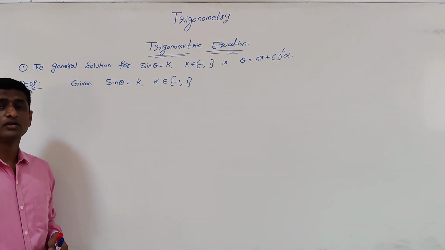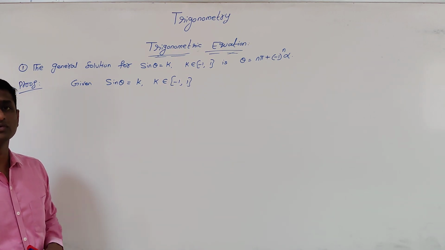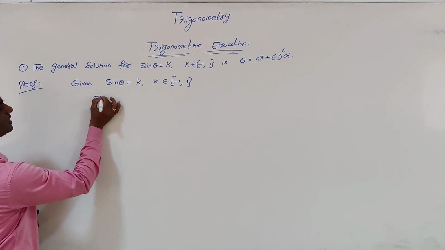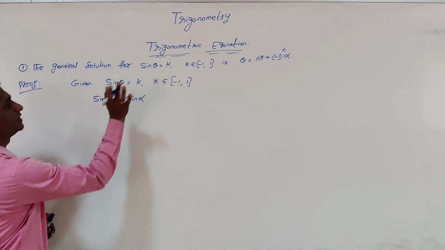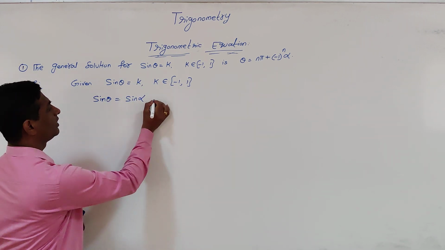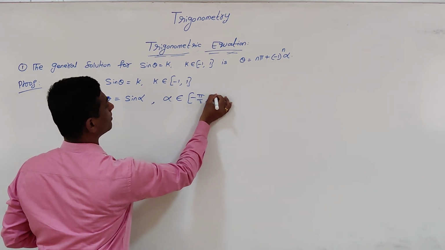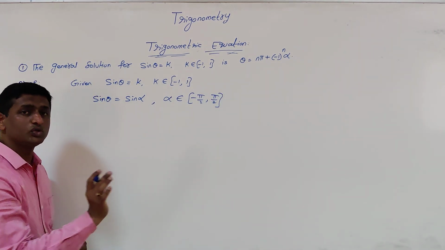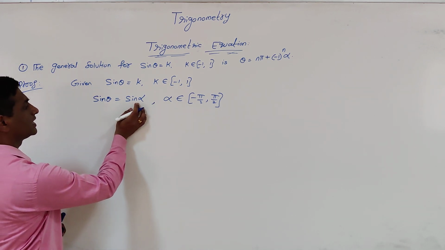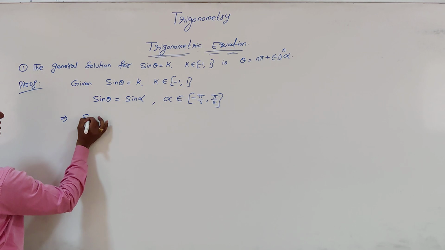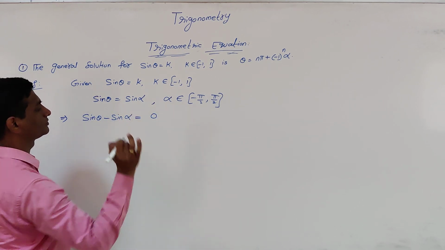Now, we have to find out the principal solution. So sin theta is equal to sin alpha, meaning for some alpha, sin alpha will be k, where this alpha belongs to the closed interval minus pi by 2 comma pi by 2, meaning that is the unique solution. If you bring sin alpha to the left side, sin theta minus sin alpha is equal to 0.